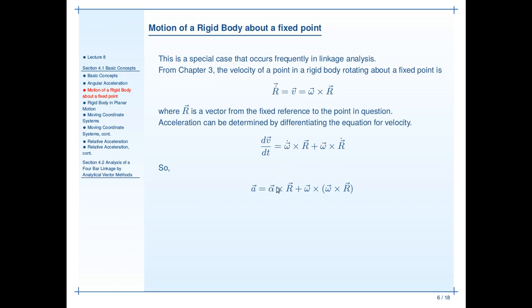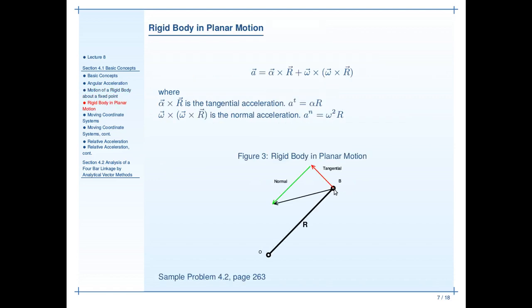And then omega cross r, by definition, if you look back at the Chapter 3 notes, can be described as the change in the direction of that vector, the acceleration vector. Each of these two cross products, omega cross omega cross r and alpha cross r, are looked at as a specific component of the acceleration vector.